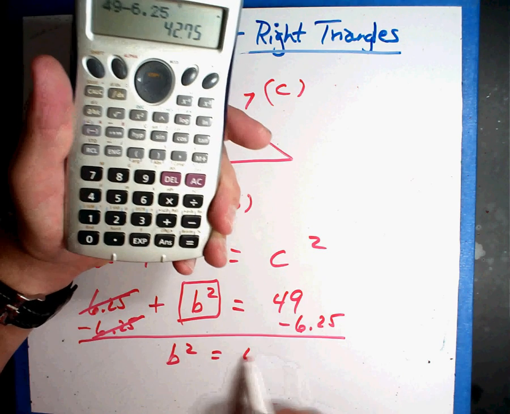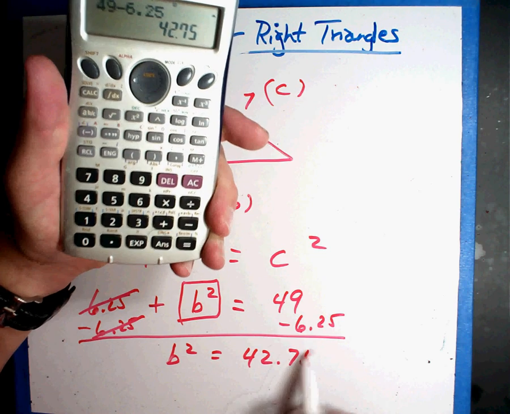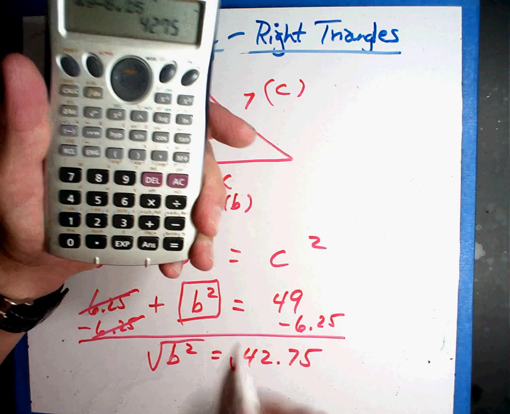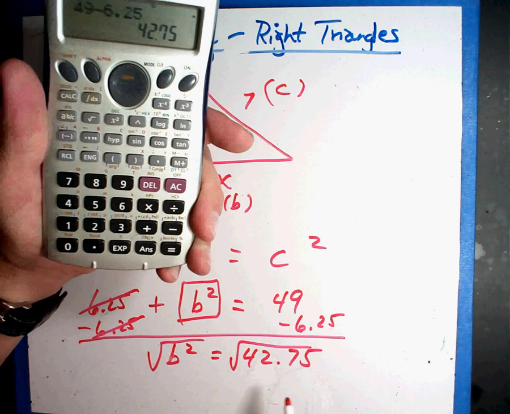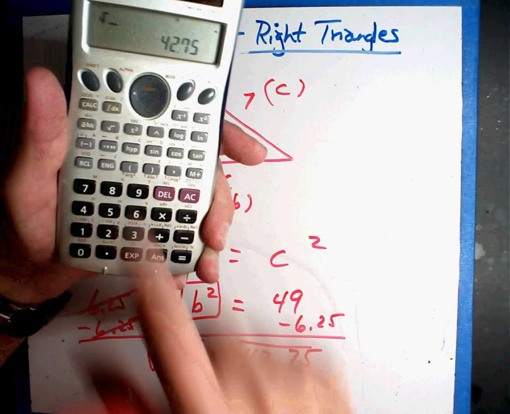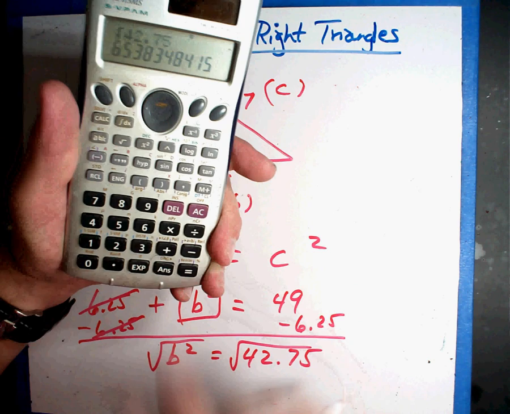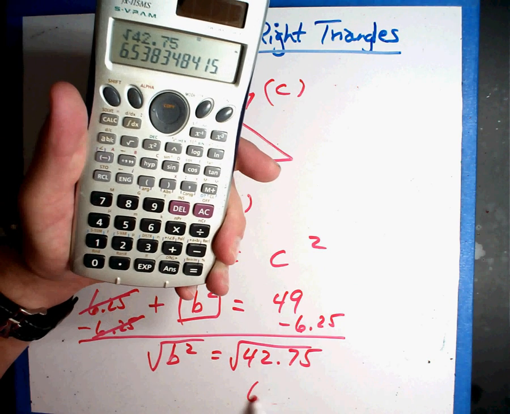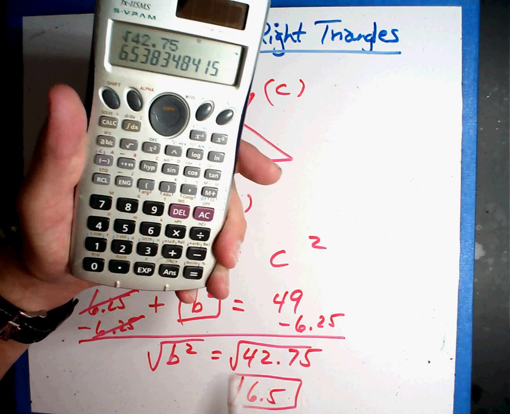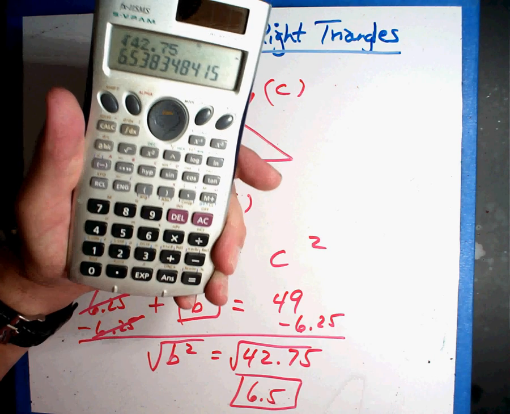And that is 42.75. Square root of that, I can look for that answer, or I can put it on my calculator. Square root of 42.75 equals, it's about 6.5. 6.5 would be the answer that I would look for.